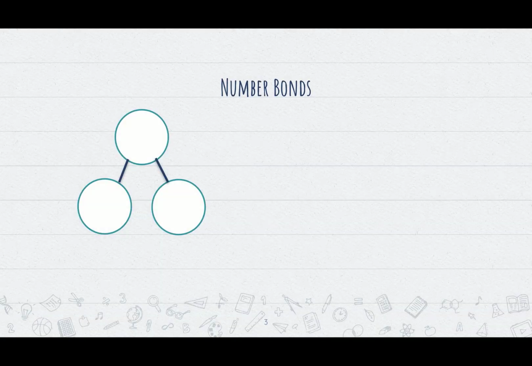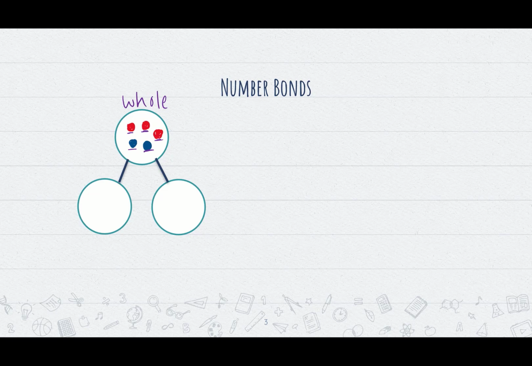So this is our number bond, and if we fill it in, we can fill it in with some dots. And so this is my whole, right? This is how many I have all together. So let's go ahead and count how many I have all together. So I have 1, 2, 3, 4, 5.